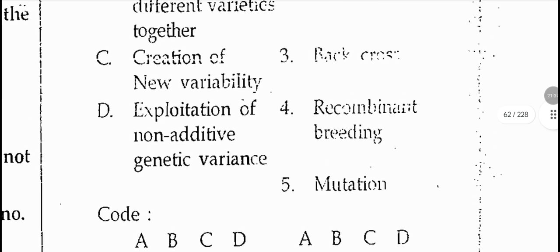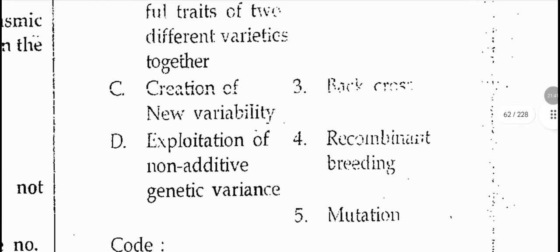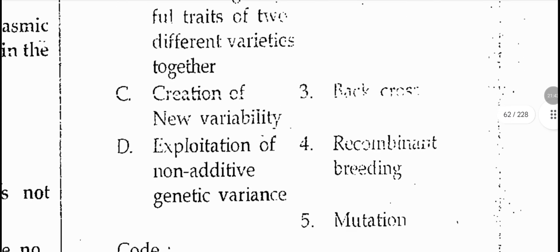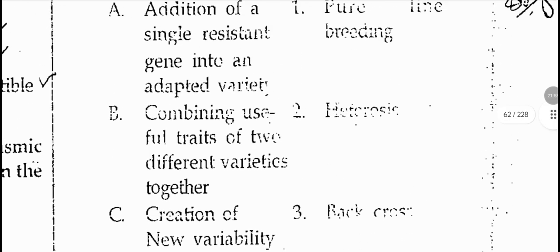What is mutation doing over here? Okay, that is for recombinant breeding. Then the third, creation of new variability, it is mutation. Option D, exploitation of non-additive genetic variance, that is the heterosis.